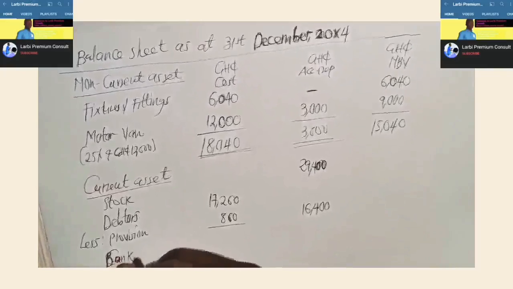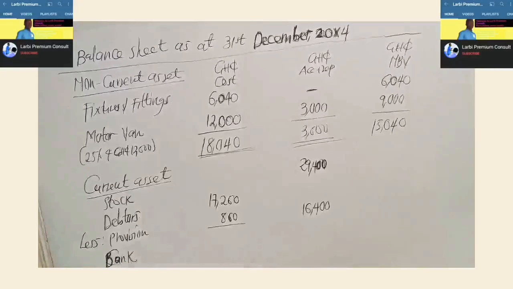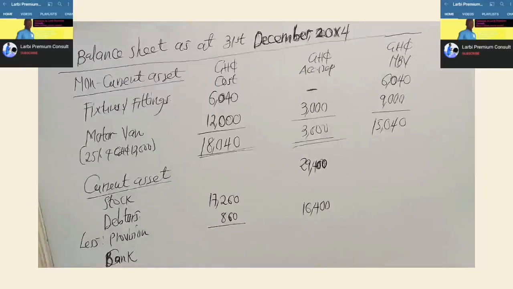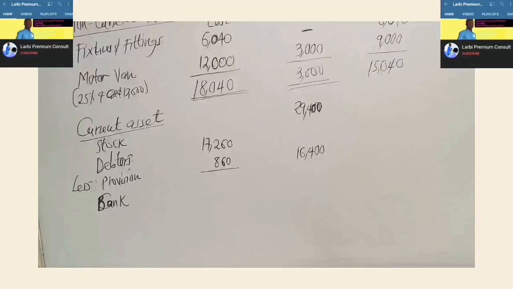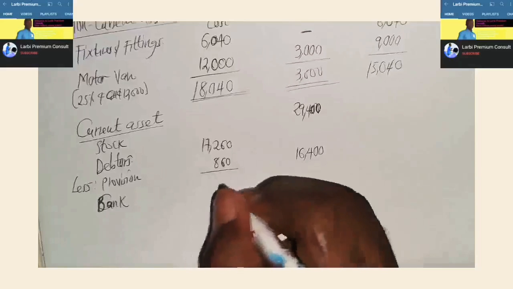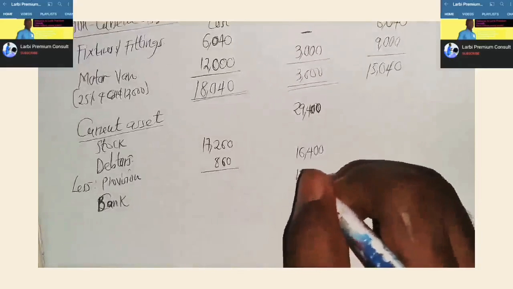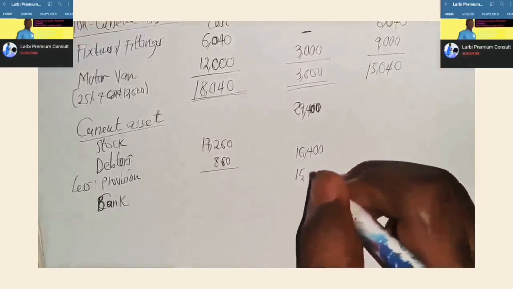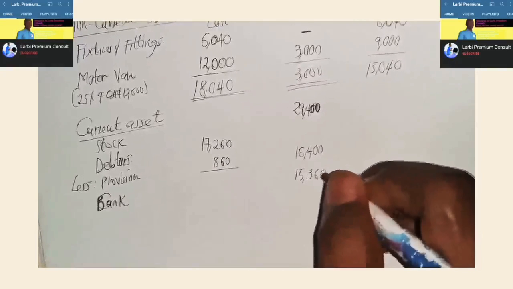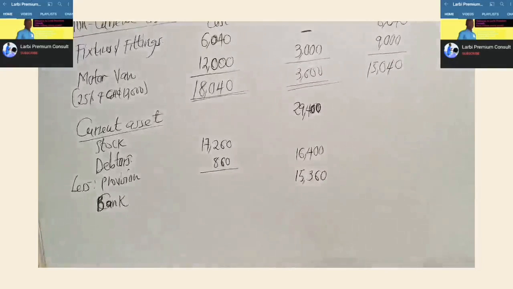Bank. The bank balance that was existing as at 20x4 was 15,360. You can check the balance that was existing at the end of the period.